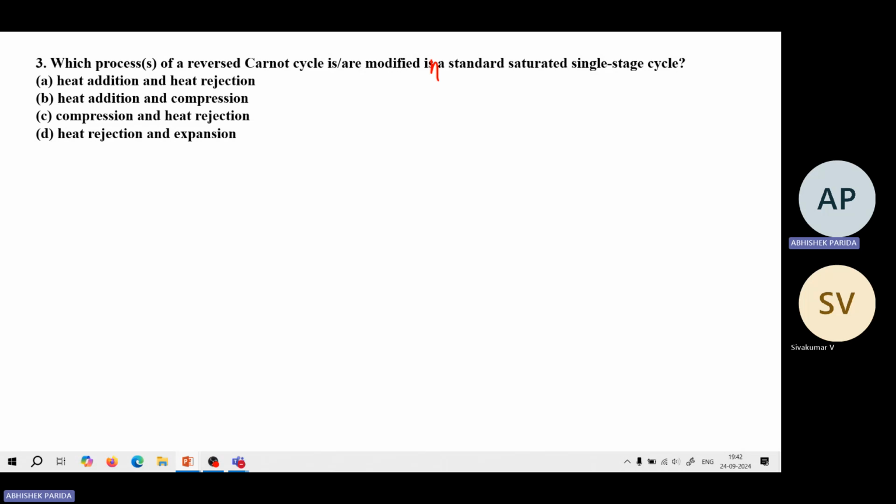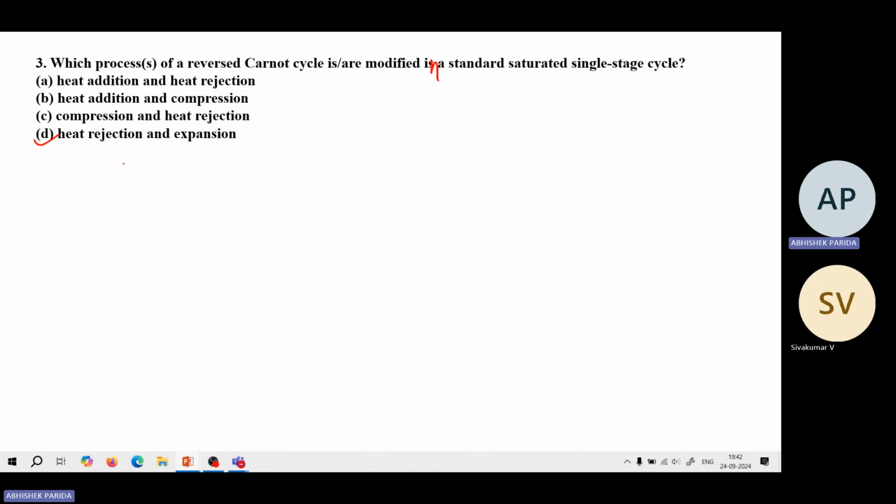Tell me. Heat rejection and expansion, sir. Heat rejection and expansion. Okay, you are absolutely right. So the answer is heat rejection and expansion.